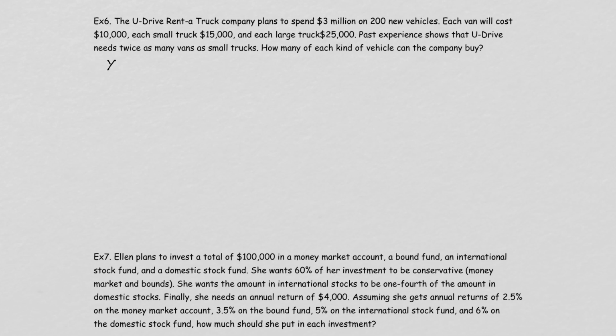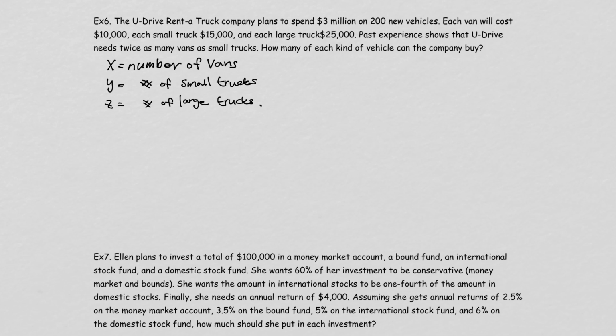We will say x is equal to the number of vans, and then y is equal to the number of small trucks, and then let's give z for the number of larger trucks. So we're trying to see how many of them we need to buy.